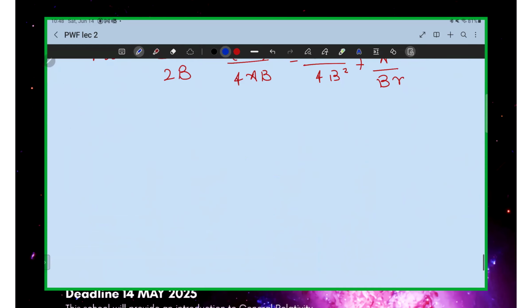And I argued earlier that the Einstein field equation reduces to this because T mu nu is 0. So now I put all the Ricci tensor components that I have quoted earlier to 0. And you can see that they give you the following equation. So you just multiply some things out to get rid of the fractions that you have.